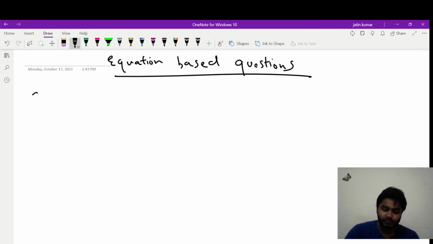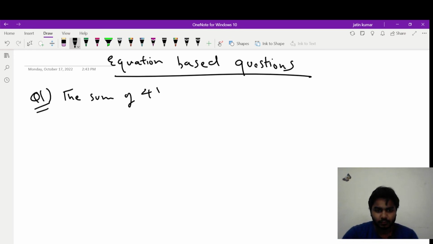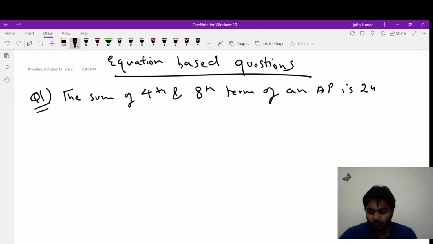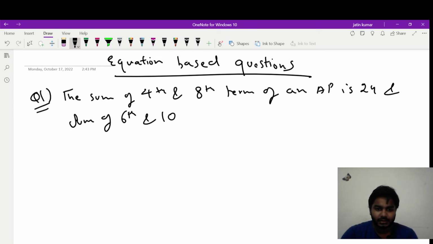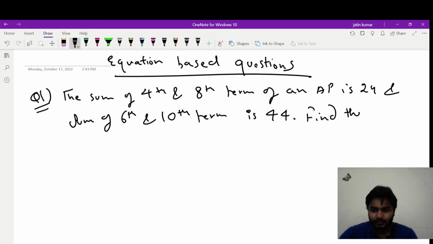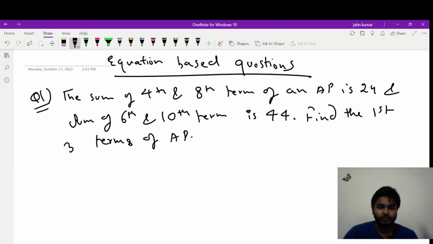Now the equation based question will be like: the sum of the 4th and 8th term of an AP is 24 and the sum of the 6th and 10th term is 44. Find the first 3 terms of an AP. It is given the sum of the 4th and 8th term.